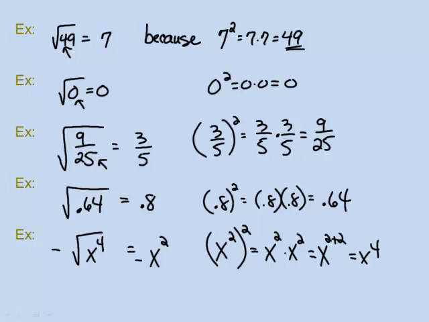Now notice that there in the original problem was a negative out in front of it. Okay, and so we put the negative in there. So if we put a negative out here, that would translate then over here to give us a negative x to the fourth. Again, the radical is in there in the original problem as well.